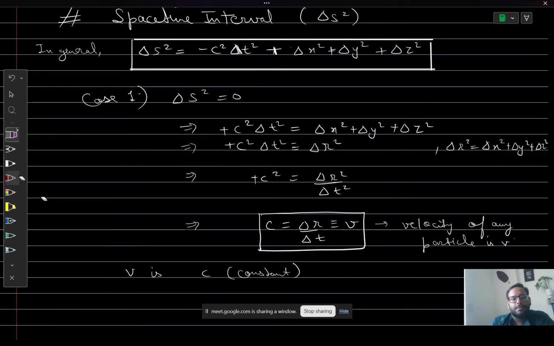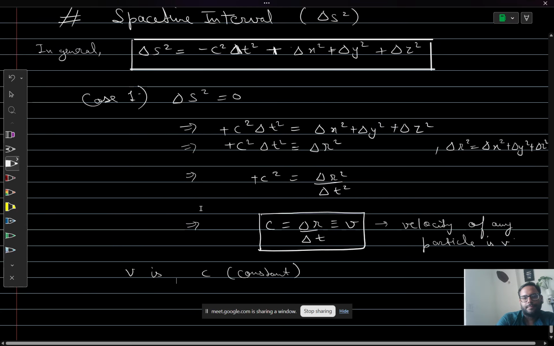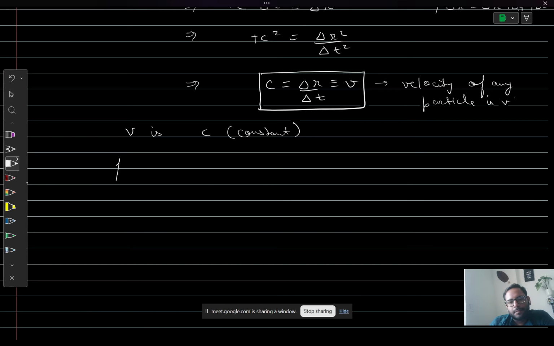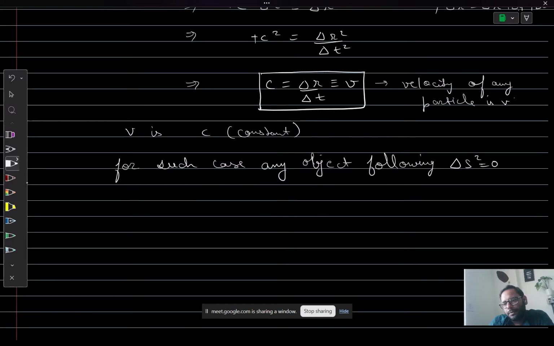In this case, for such cases, any object following del x squared equals 0, its speed will be constant c.